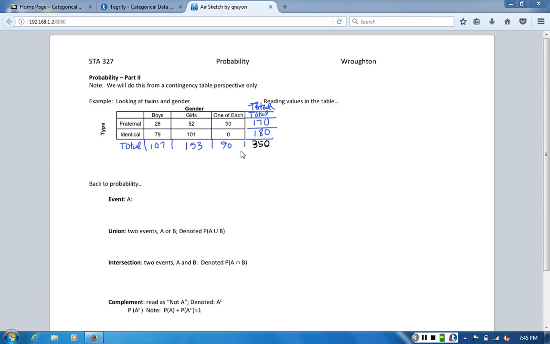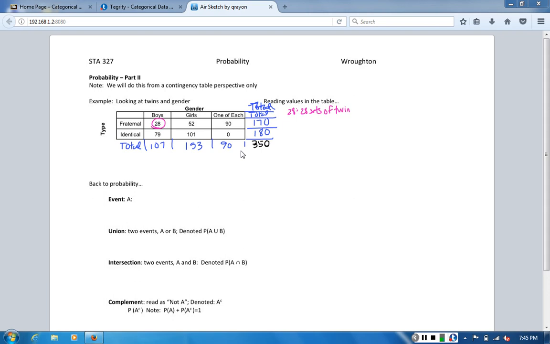So we're going to talk about reading these numbers, and there's a few different types of numbers that we're going to talk about here. Let's first talk about what this 28 would represent. This 28 means there were 28 sets of twins that were both boys and were fraternal.